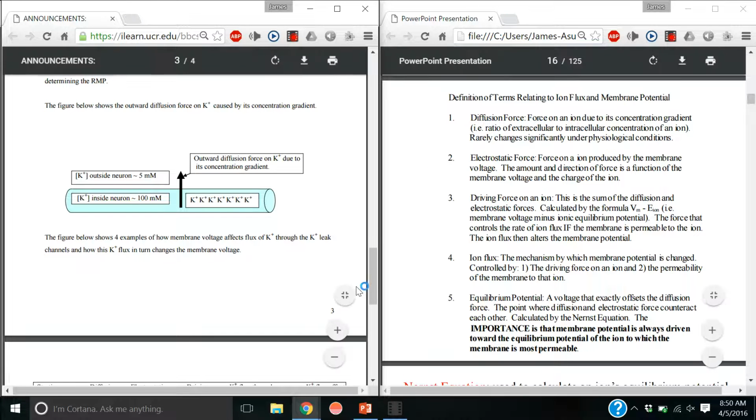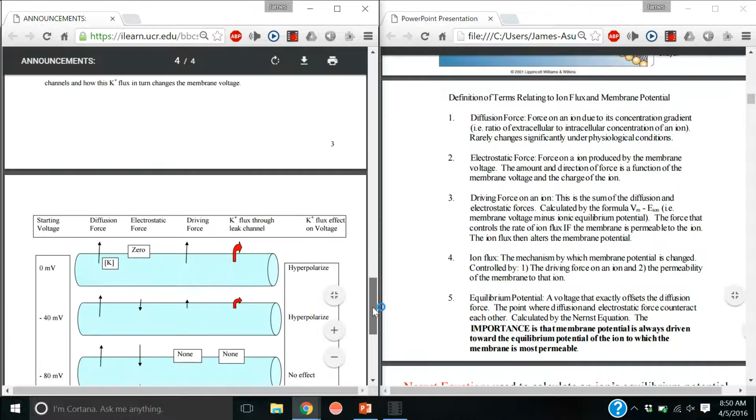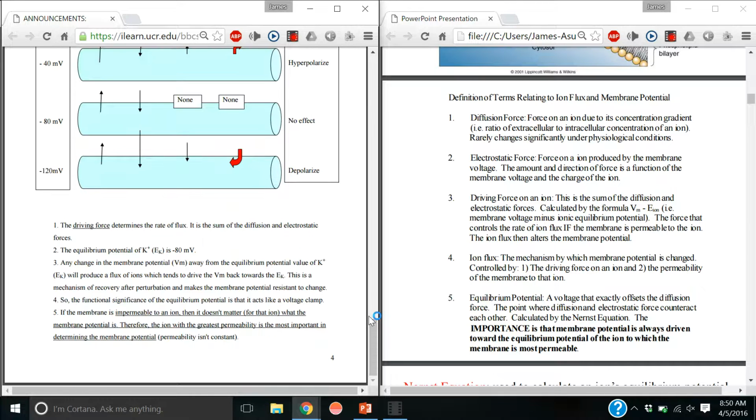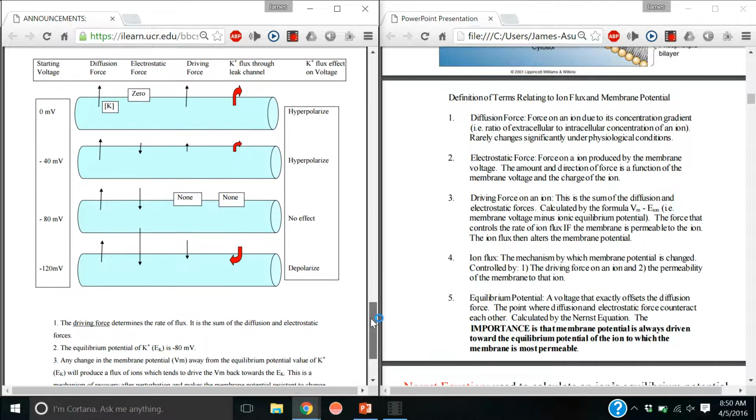So here are 4 examples that are basically setting the stage, to help you understand the forces that underlie resting membrane potential. Also, these are actually the same forces, with different ions, that underlie synaptic potential and action potential.